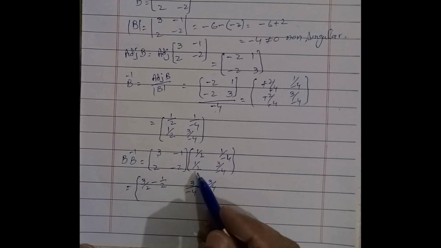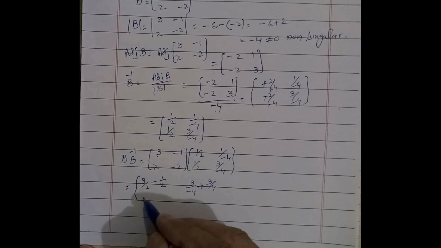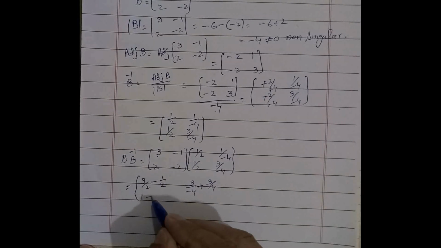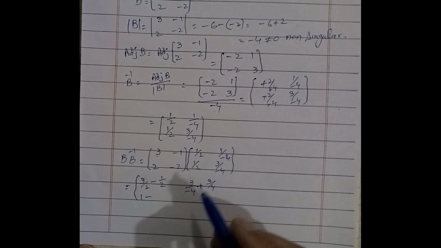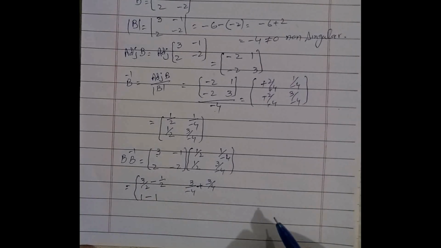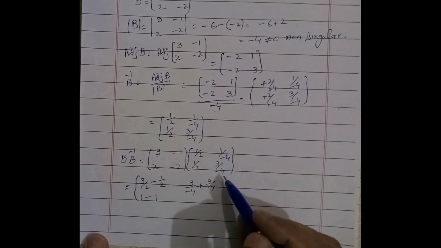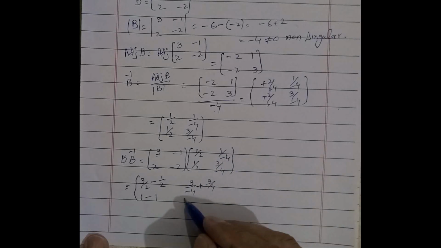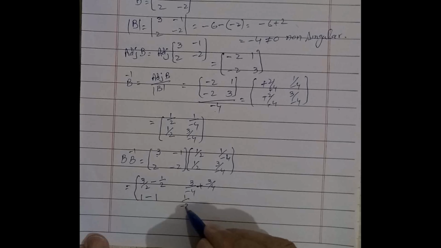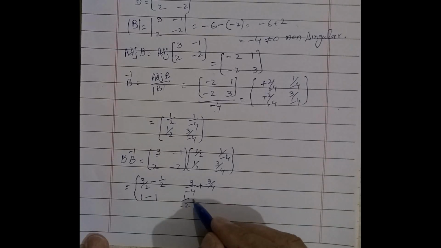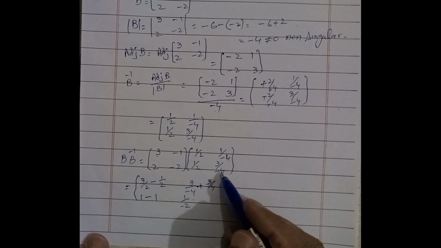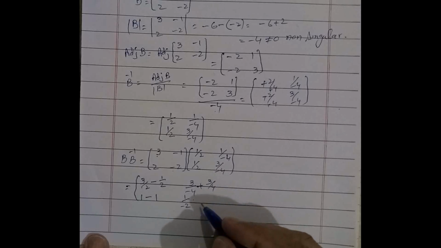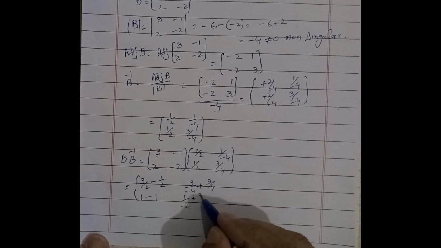Second row with the first column: 2 multiplied by 1 over 2 is 1, minus 2 multiplied by 1 over 2 is minus 1. Second row with the second column: 2 multiplied by 1 over minus 4 is 1 over minus 2, and minus 2 multiplied by 3 over minus 4 is plus 3 over 2.